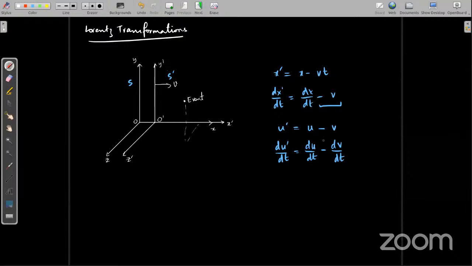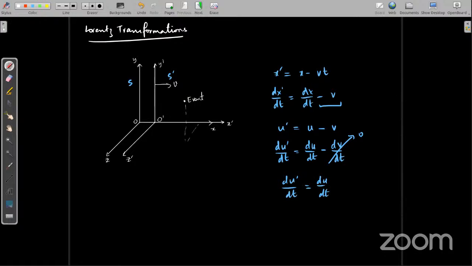Our assumption here is that S prime is moving at a constant uniform velocity. So that implies that this v, the velocity of the frame, isn't going to change with time, which implies further that this quantity is actually zero, and what you're left with is du prime over dt equals du over dt.